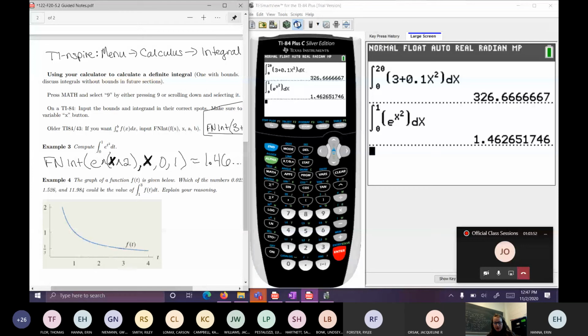I usually just default to x anyway, but the Nspire is nice because if you wanted to put in t and t in both places, so you wanted to use t squared and then dt, the Nspire can handle that. You would just use the keyboard at the bottom of the Nspire to write the t, but the Nspire can handle the different variable as opposed to the other one.